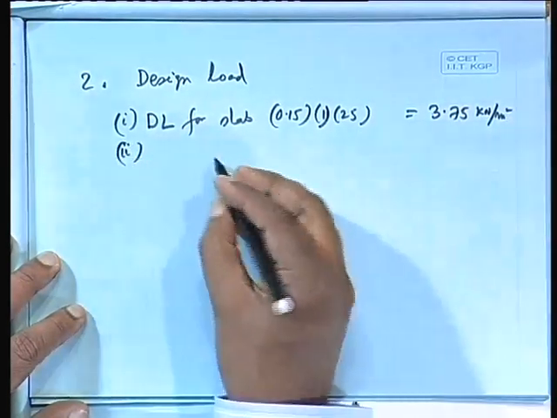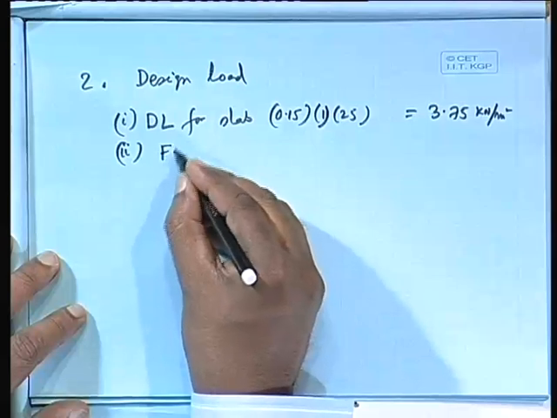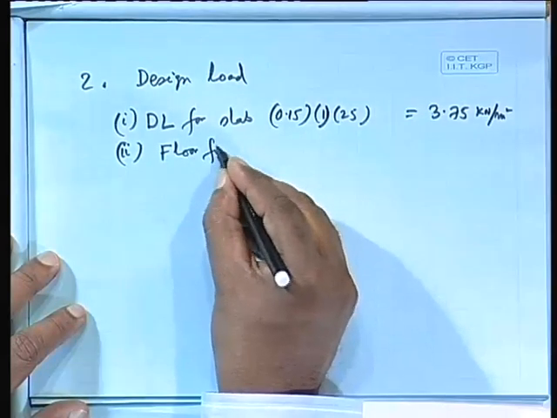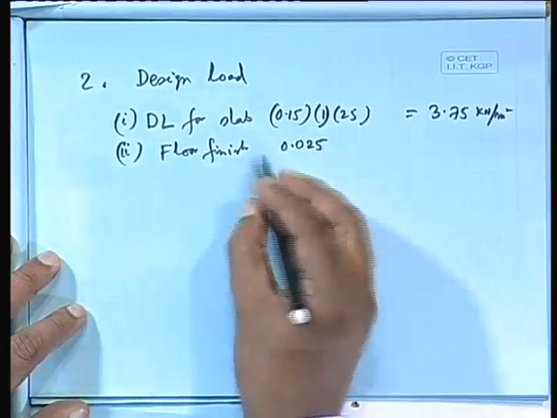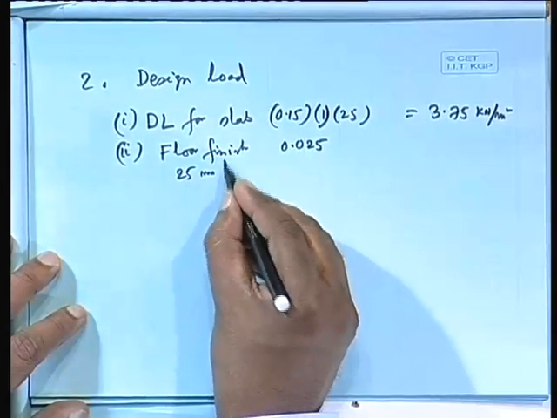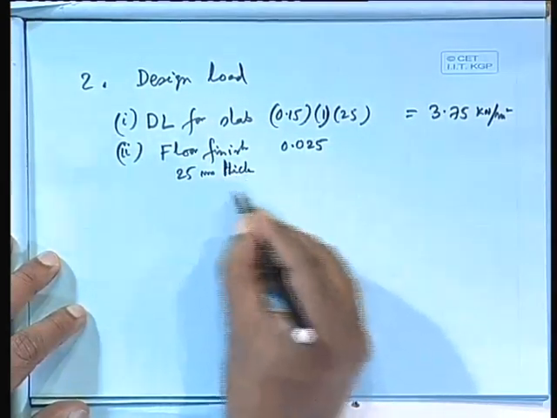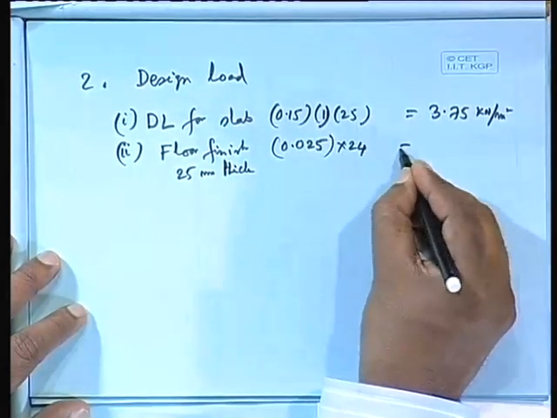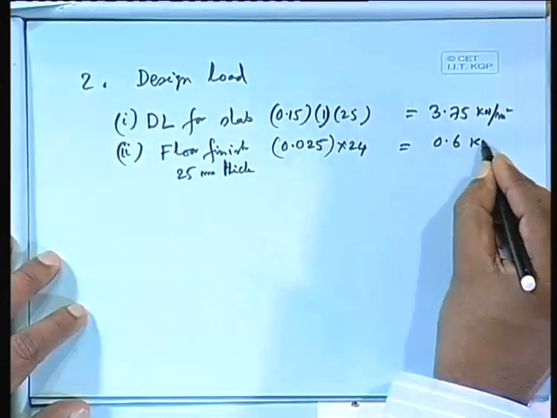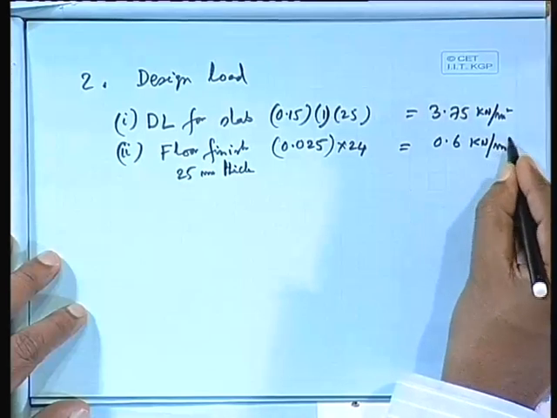Number 2, floor finish, 0.025 if we take say 25 mm thick, times the unit weight, equal to 0.6 kilonewton per square meter.